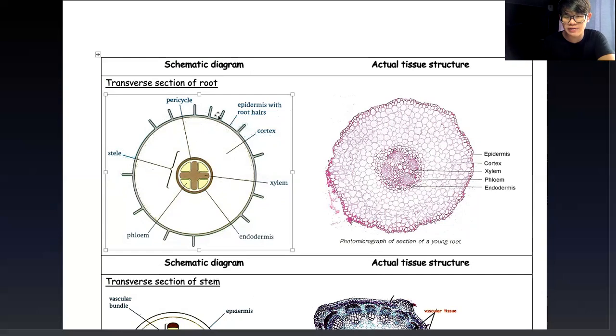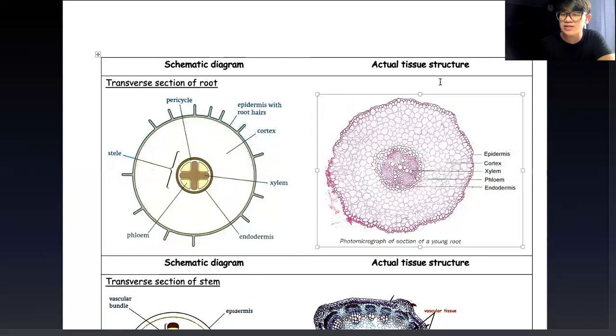That's what they are trying to show here, the long ones sticking out. It's not shown in the actual tissue because it would be very, very small. It's very hard to see under a normal microscope, but actually it is there.